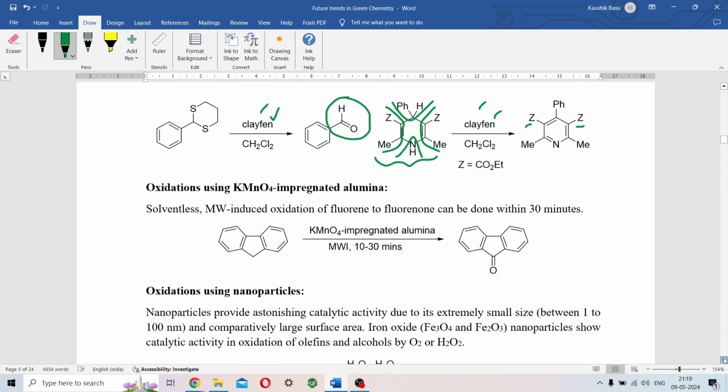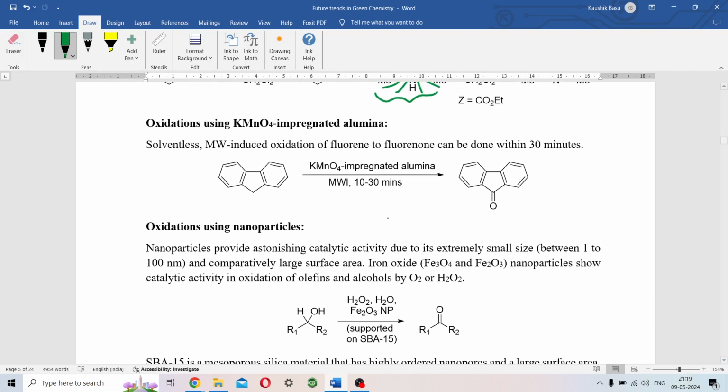The next example is solid state oxidation, where this fluorene nucleus is oxidized to the corresponding fluorenone within 30 minutes under microwave irradiation when you are using potassium permanganate impregnated in alumina.